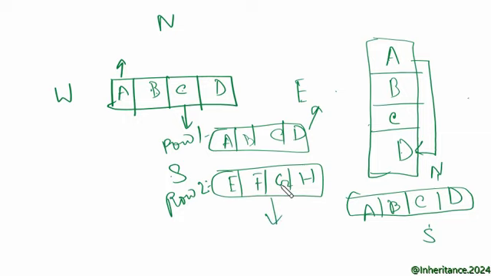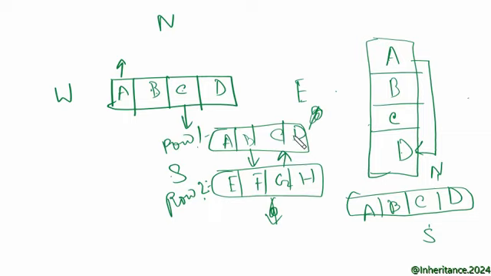But if the question is given that a member of row 1 faces a member of row 2 and vice versa, then this won't be possible. The case should be these people are facing south and these people will be facing north. Okay, so this is the basics. Now we'll be solving problems.